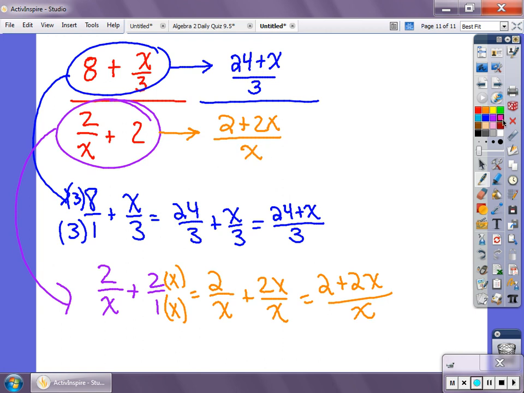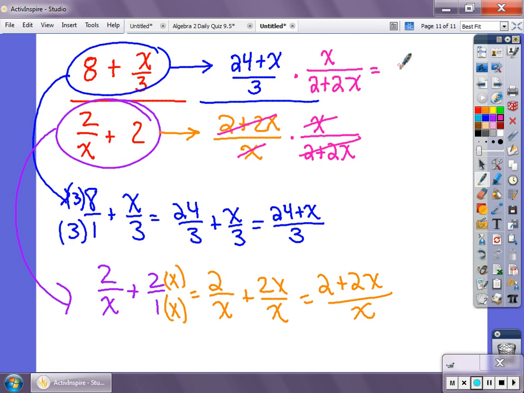Now that we have just one fraction in the numerator and one fraction in the denominator, multiply by x over 2 plus 2x. That allows us to reduce this here and here. Do the same thing in the numerator, x over 2 plus 2x. x and 3 do not reduce. 24 plus x does not reduce with 2 plus 2x.